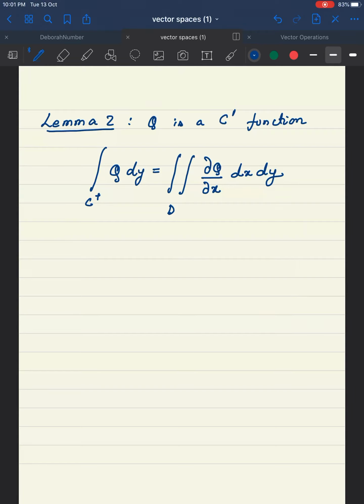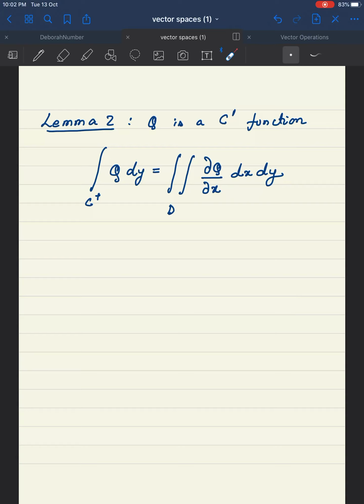Okay, this is the other lemma, that if you take this integral over this closed curve, where you have traversed the curve in the positive or the counterclockwise sense, then this is equal to the integral of del Q del x over the domain D. Okay. The negative sign does not occur here because reversing the roles of x and y corresponds to a change of orientation for the plane. Okay. So the negative sign goes away.